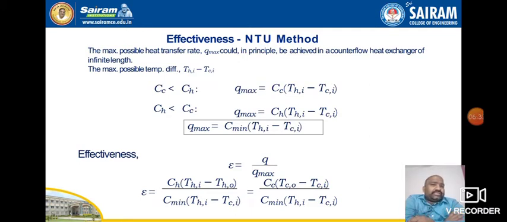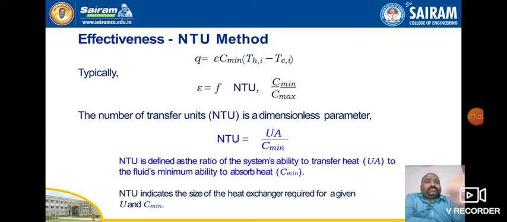So finally, epsilon is equal to Ch into Thi minus Tco divided by C minimum into Thi minus Tci, or you can write Cc into Tco minus Tci divided by C minimum into Thi minus Tci. This equation we are going to use for the counterflow heat exchanger, for the effectiveness.